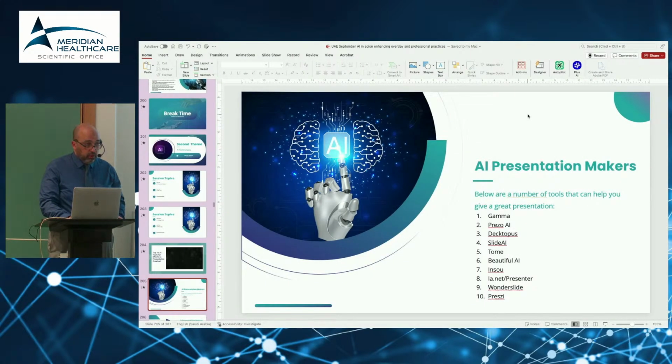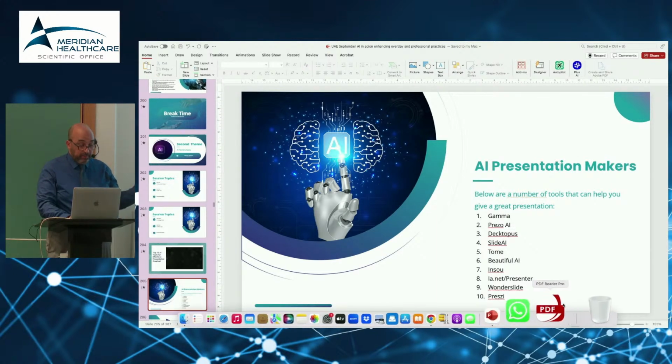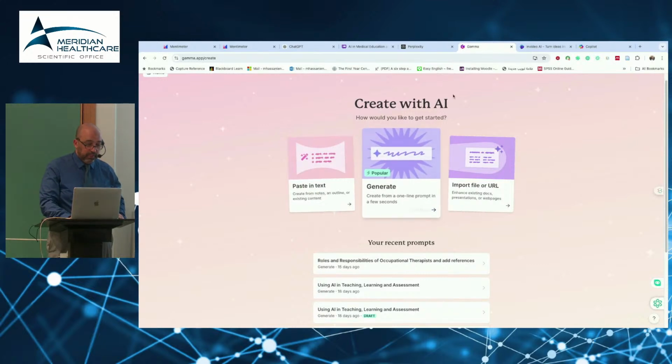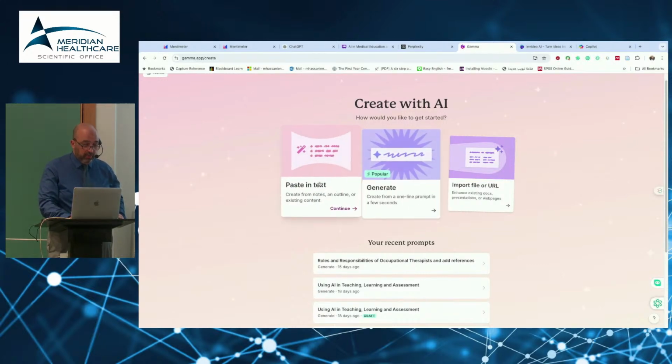So again, suggest a topic to be in a PowerPoint presentation. By the way, we can use it in Arabic or English, whatever, but suggest a topic to be used. This is Gamma. We have also text: copy text and paste text, and ask it to use it as it is or expand it.